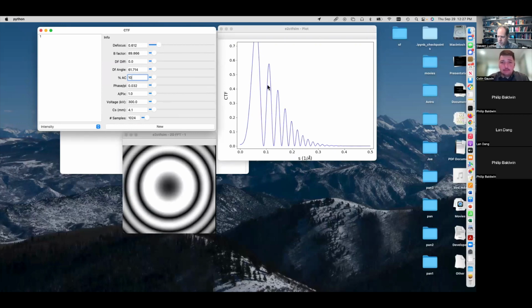You have your image that came out of the microscope and it's noisy because there's a lot of noise, and it's multiplied by the CTF. So you can make it less noisy if you actually filter out the stuff here and you're around the CTF zeros, right? So your signal to noise ratio here, I guess I don't have any noise slider in this simulation program.